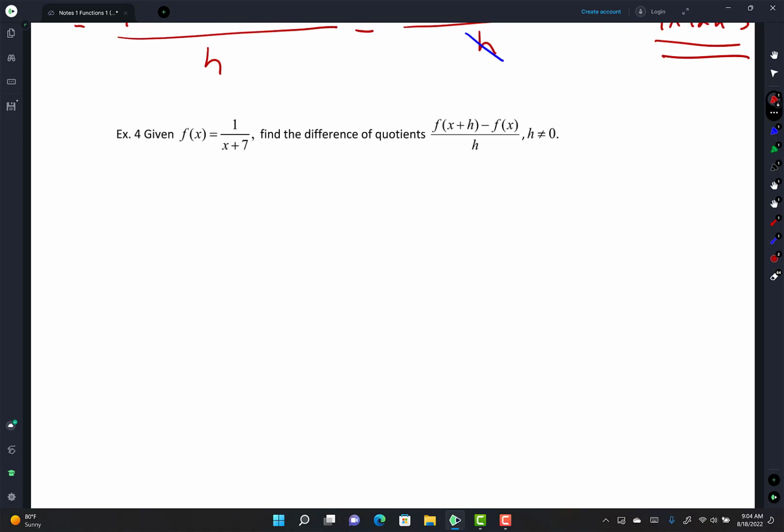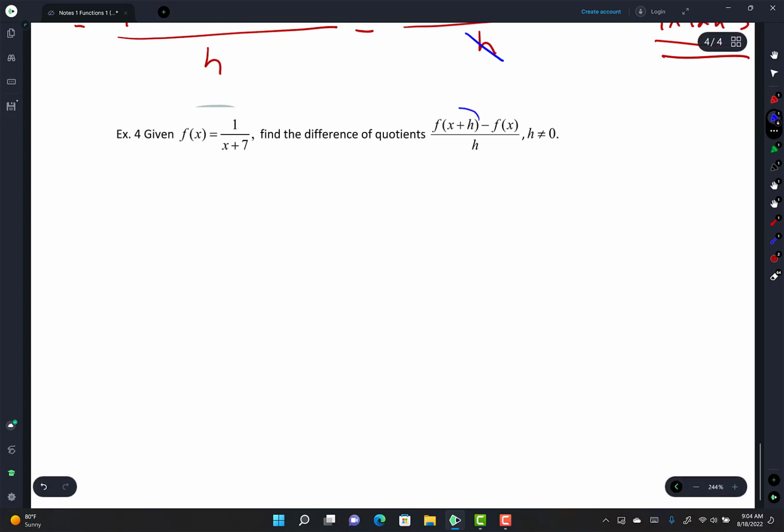So here we go. This one is a different function. Okay, anyways. Let's see, what do I need? I'm going to do it in blue.